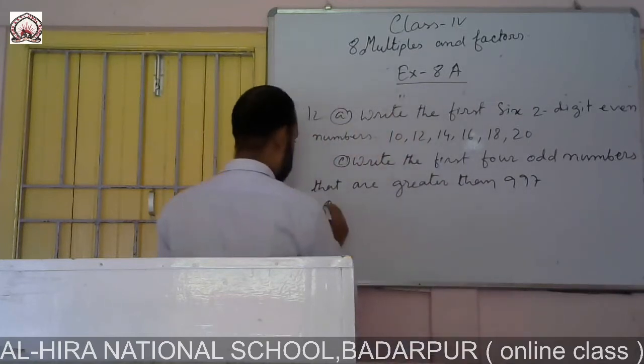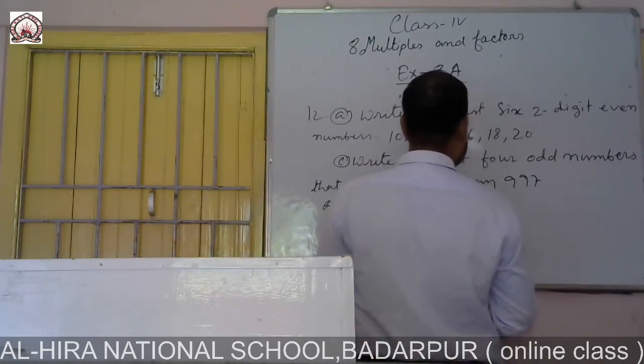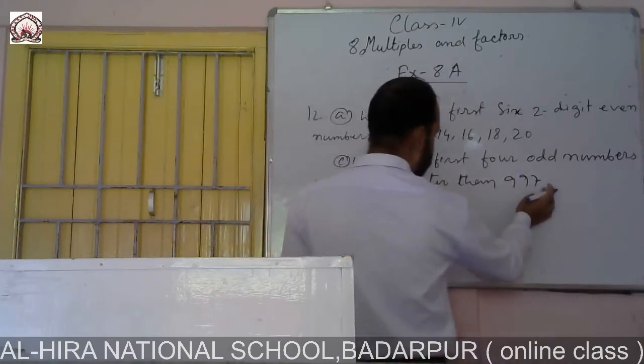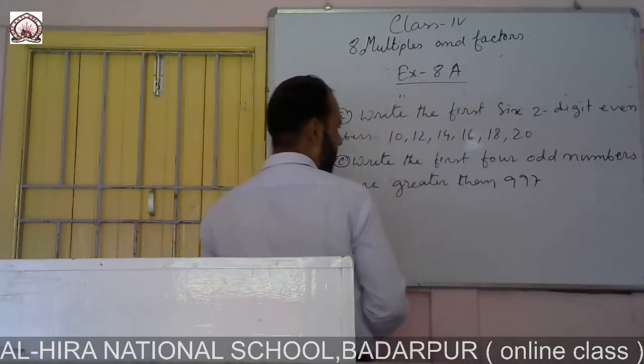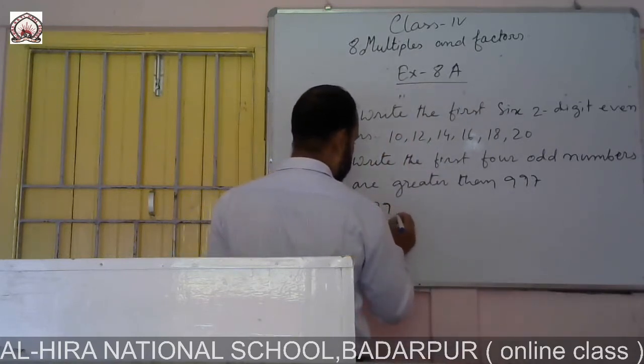So, the answer here: 997. So we know we take out the odd numbers. So, 998 is an even number. So we write 999.